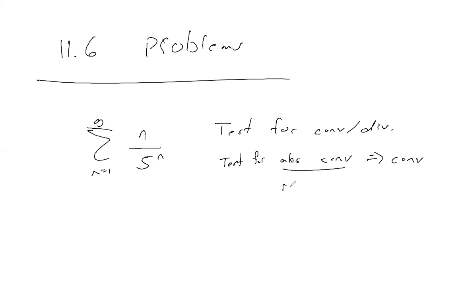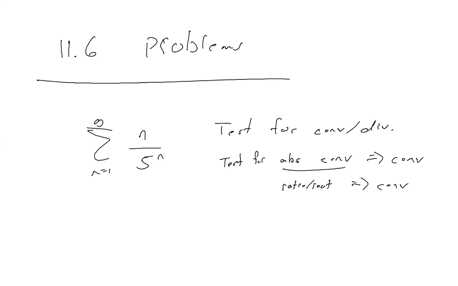We have two nice tests, the ratio test and the root test. If these tests tell us that our series is absolutely convergent, then that will imply our series is convergent. So the short story is we can use the ratio test and root test just to tell if our series is convergent or not as well.